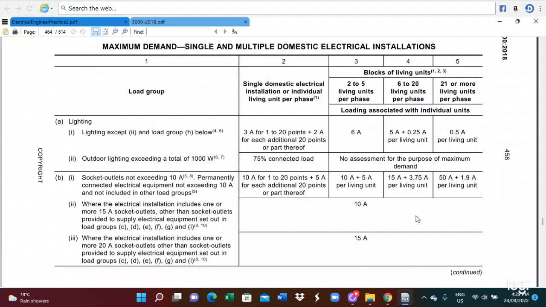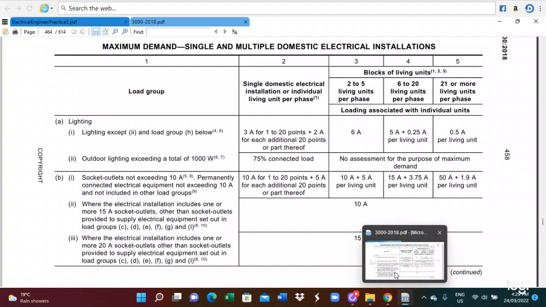The first 1 to 20 points take 3 amps. Each additional 20 points take 2 amps. So this is the rule for table C1.